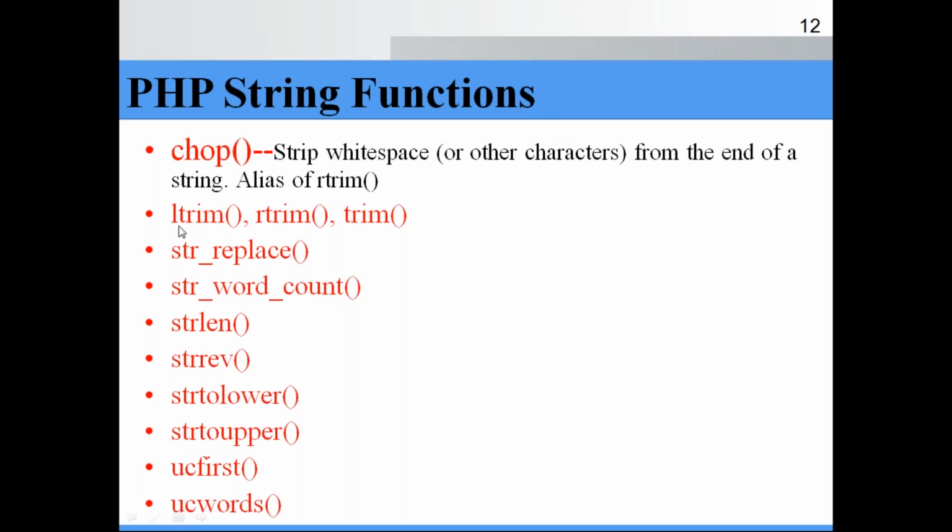And these are ltrim, rtrim, trim, chop. All these methods are used to remove the white spaces or some extra characters at the left side or the right side of the string. Why? Because generally white spaces are added in some cases.